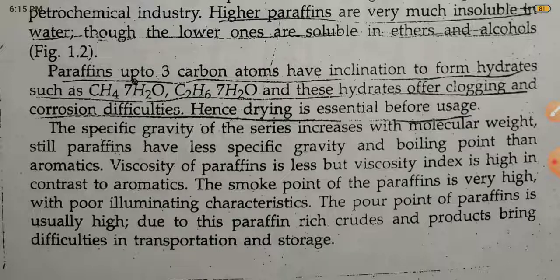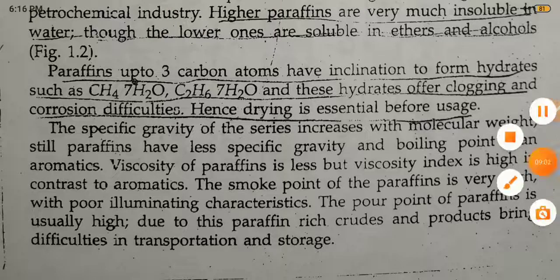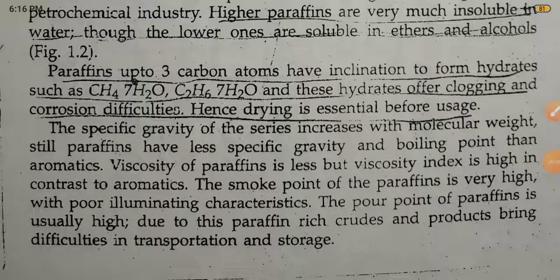In contrast to aromatics, the smoke point of paraffin is very high, with poor illuminating characteristics. The pour point of paraffin is usually high, so paraffin-rich crude products bring difficulties in transportation and storage also.